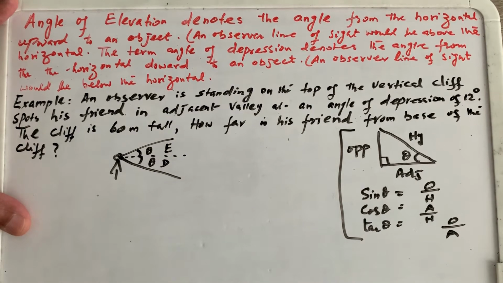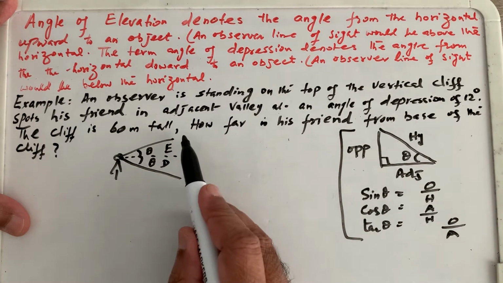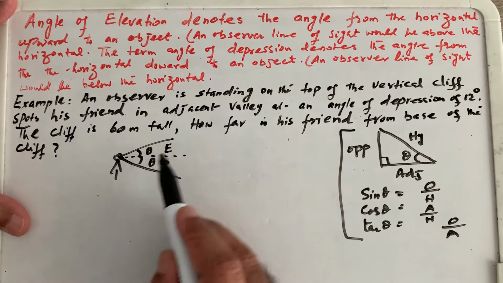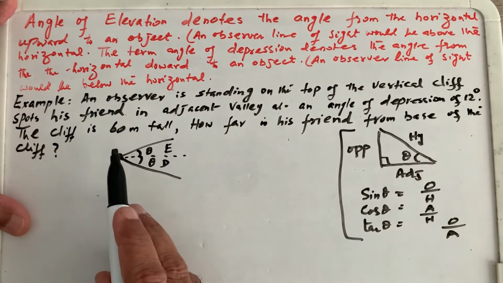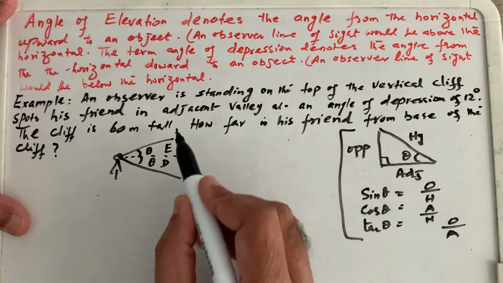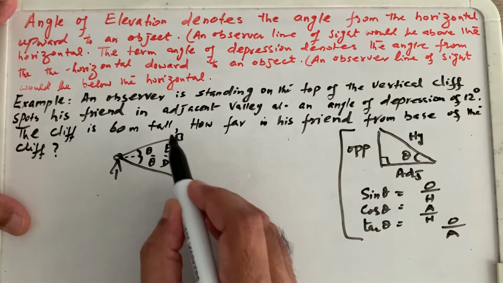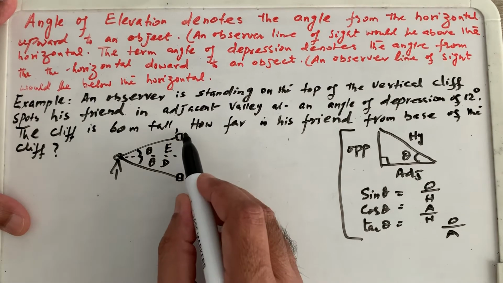This is the simple definition, that is, when an observer's line of sight is above the horizontal, this is elevation. And the angle of depression denotes the angle from the horizontal downward to the object. So my object is here, it is upward, and my object is here.